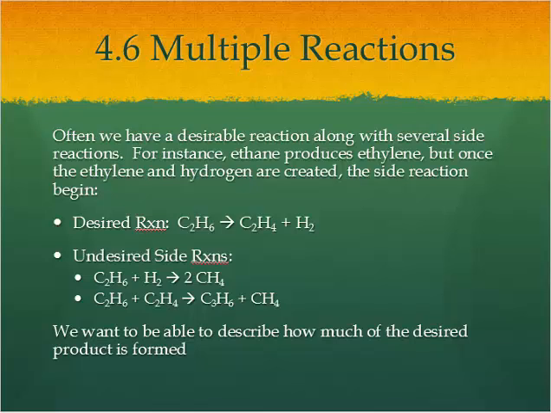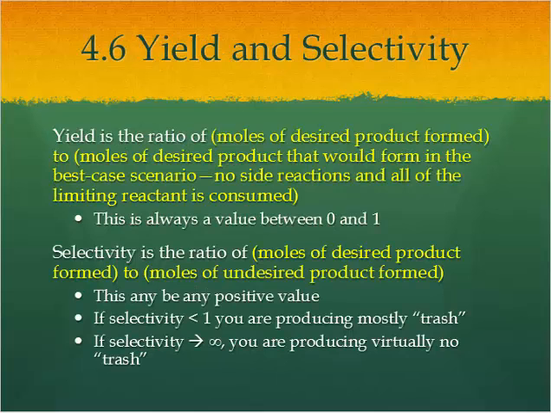So what we want is to create a language where we can describe how much of the desired product am I making and also know how much of these other side reactions are occurring. So the 2 primary things that we need to add to our treasure trove of vocabulary and definitions are yield and selectivity.